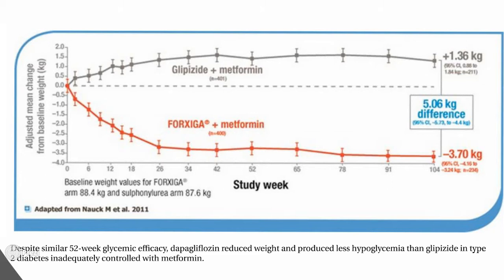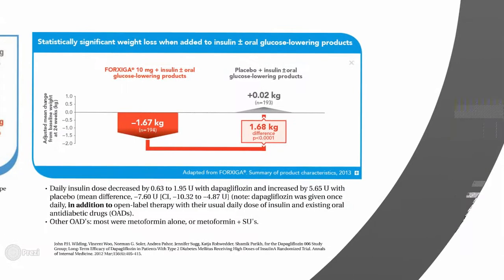So let's see how they look versus insulin, because that's probably going to be important. I like this slide as well. If you can decipher some of these things, on the left you have dapagliflozin plus insulin and other oral glucose-lowering products, and you have placebo plus insulin and other glucose-lowering products.